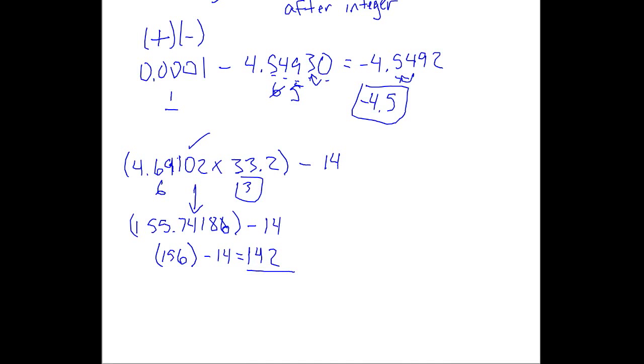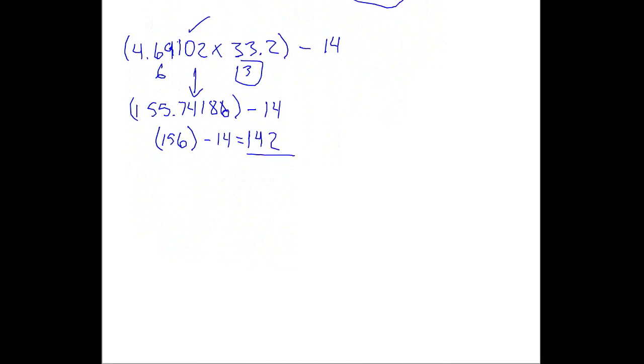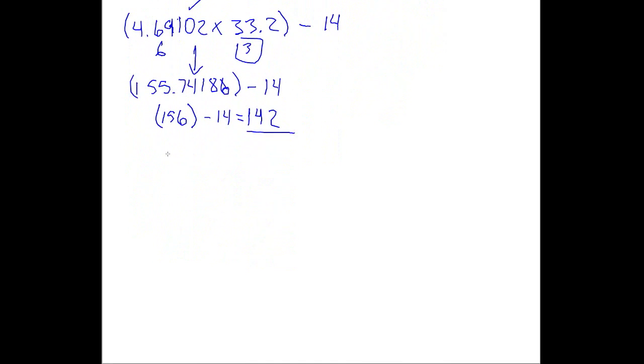Now, a quick touch on, again, a review on what is significant and what isn't. Say I have 1,000. I want to know how many significant figures that is. Well, here's my integer. I've got 1. These trailing zeros do not count. So as this is written, I would just have one sig fig.